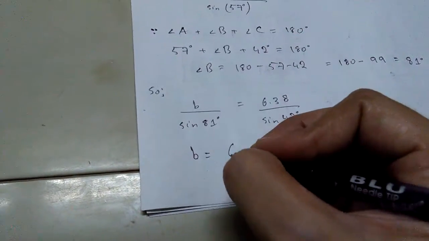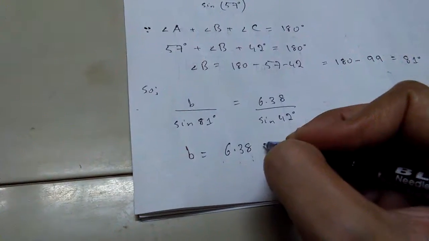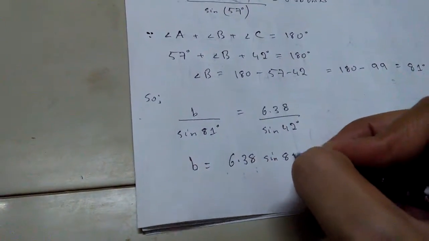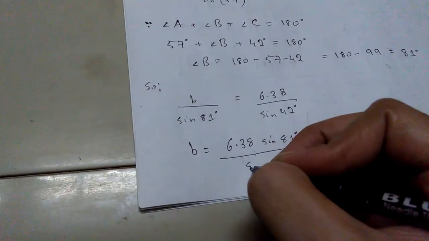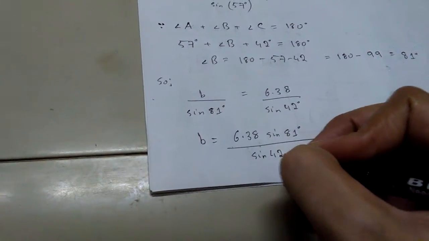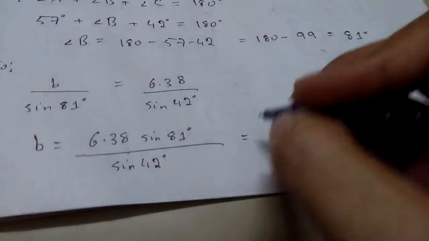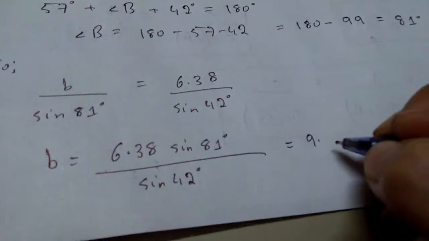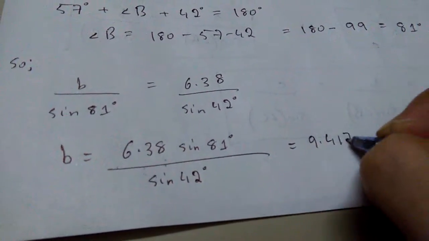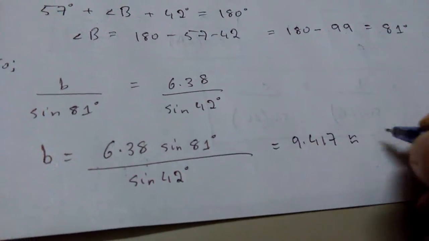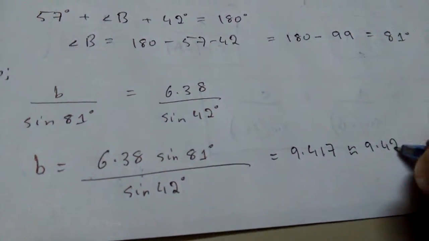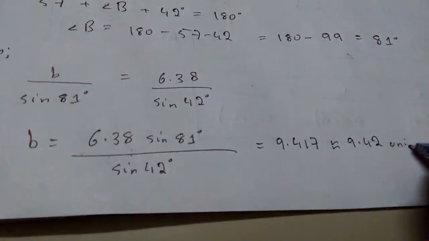So b comes out to be 6.38 times sine of 81 degrees upon sine of 42 degrees. Let us calculate this. It comes out to be 9.417 and so forth, so we can round this. We can write it as approximately 9.42 units.